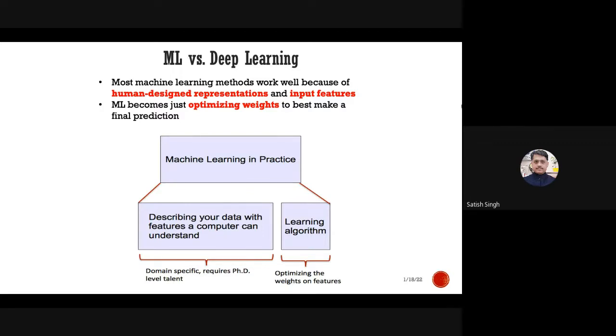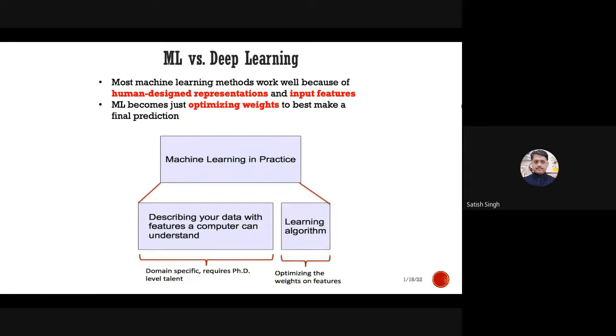So machine learning becomes just optimizing the weights. Okay, so it is evident that optimization is necessary. Only weights, this bias and variance optimization will be required. So you can treat the machine learning system as only an optimization system. So, machine learning in practice: describing your data with features a computer can understand.